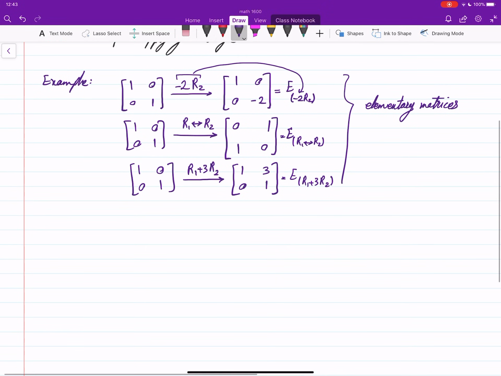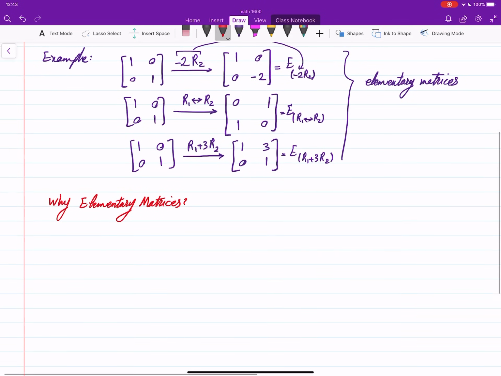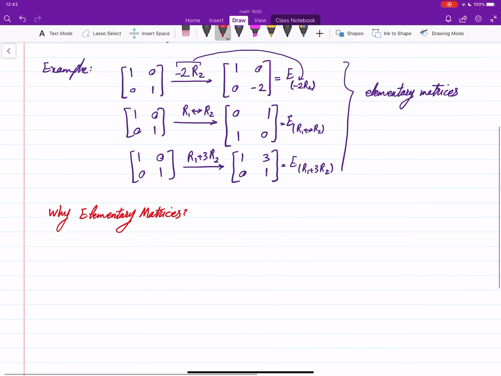Well, why are these elementary matrices important? These matrices have a very good property: they turn the elementary row operation into a product of matrices.